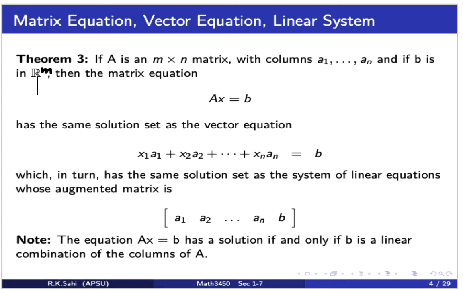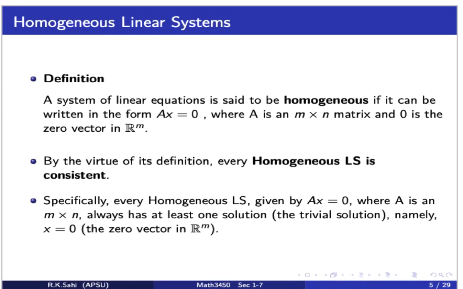So let's go over to homogeneous linear systems. A system of linear equations is said to be homogeneous if it can be written in the form of Ax equals 0. Now remember, a linear system can be written as a matrix equation. So I'm writing the system of linear equations as a matrix equation, where A is an m by n matrix and 0 is the zero vector in Rm.